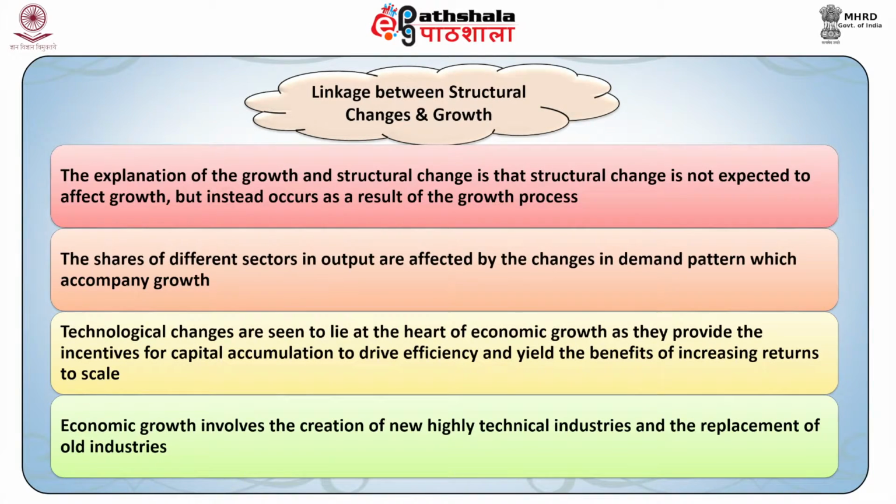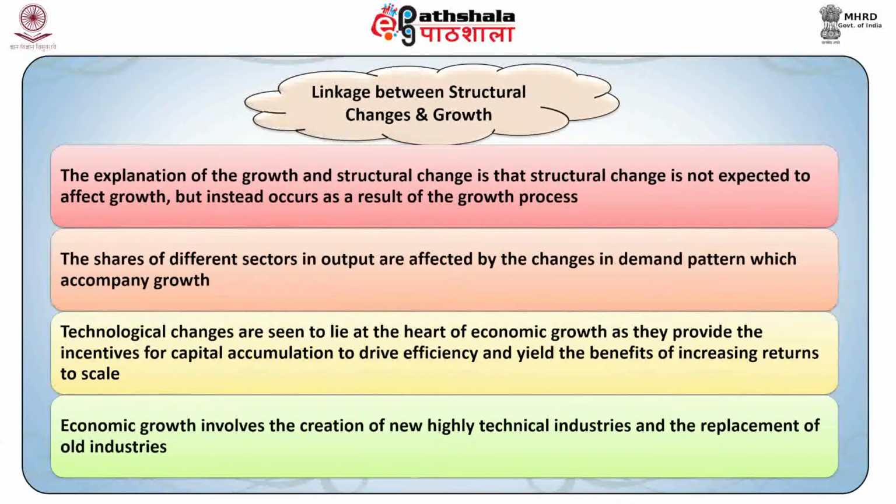Sectoral changes in output are thought to occur as development proceeds because the income elasticity of demand for agriculture products is low, while for industrial, particularly manufacturing goods, it is high, and for services, it is still higher.